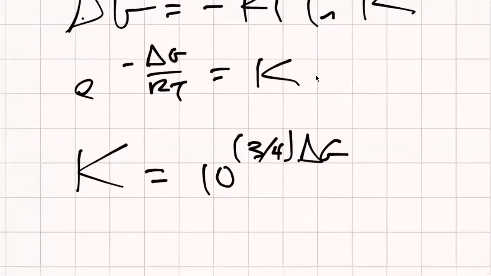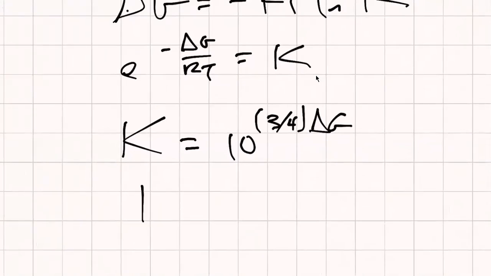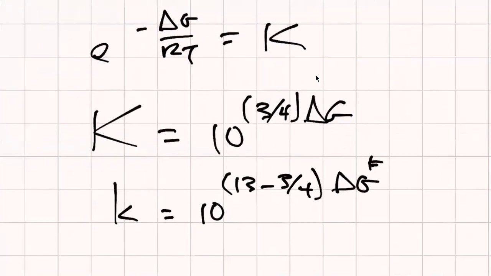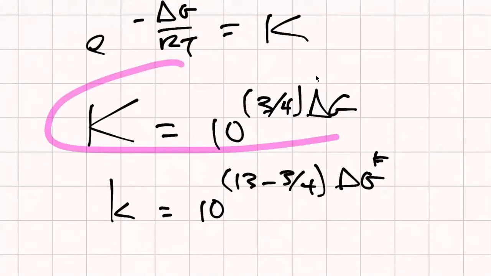And if you want to calculate the actual rate constant, k, it will be 10 to the 13 minus 3/4 times the activation energy. But we're going to focus on the equilibrium constant, K.